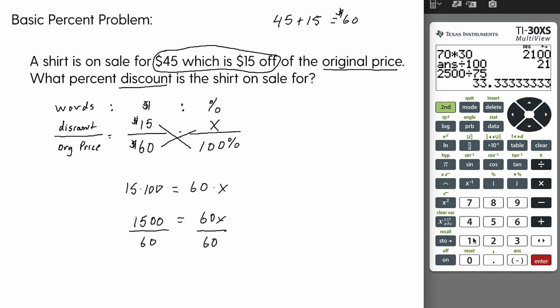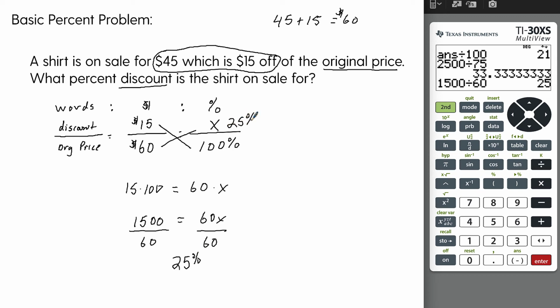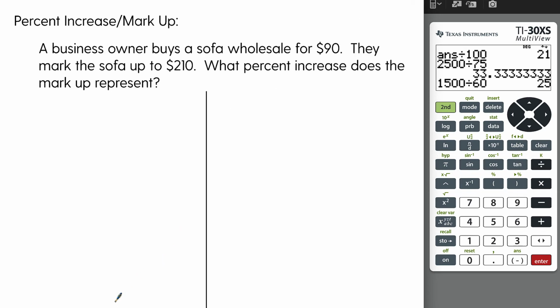So 1500 divided by 60 will tell us the percentage, 25%. And maybe you would have recognized that, but again, it's more about the process. As we get into more difficult problems, you want to have a good process, and that's why I like this template. Okay, so let's do the next one.